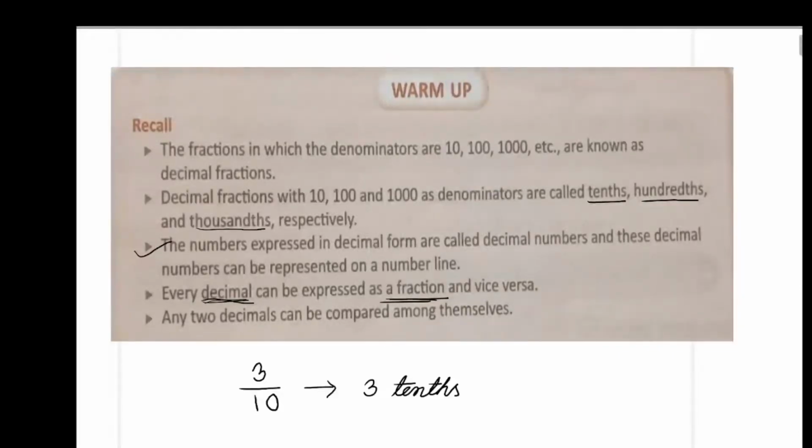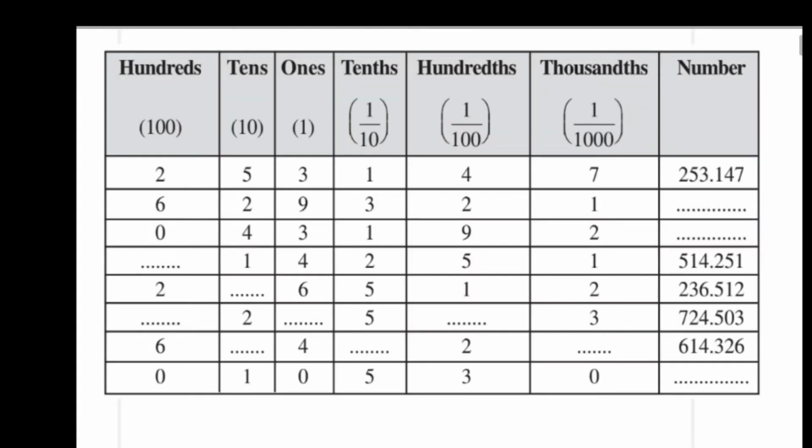Next, here in the book also you can see this chart. Here 2 is in the hundreds place, 5 is in the tens place, 3 is in the ones place. Now after that, at this place the point will be there. How to write a decimal number, I will show you. This is the tenths place, hundredths, thousandths.